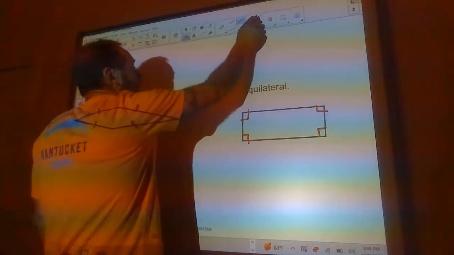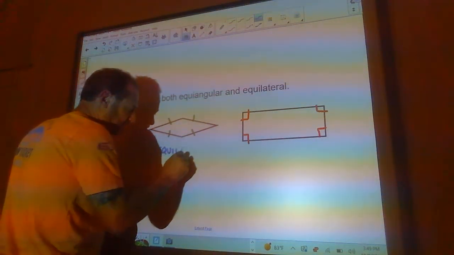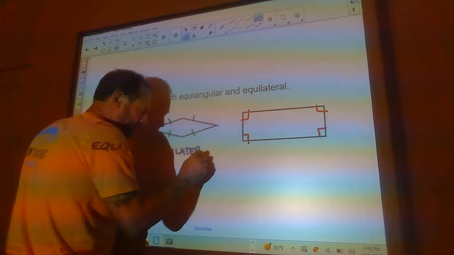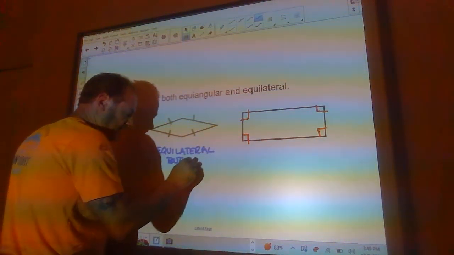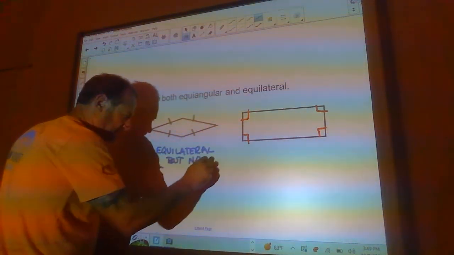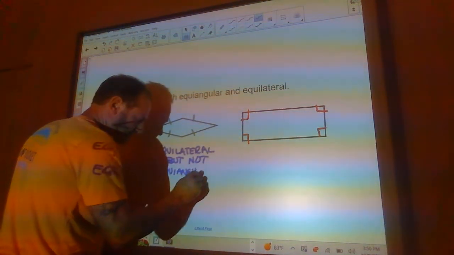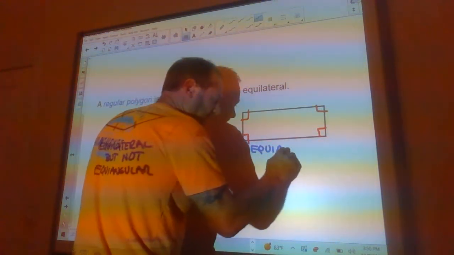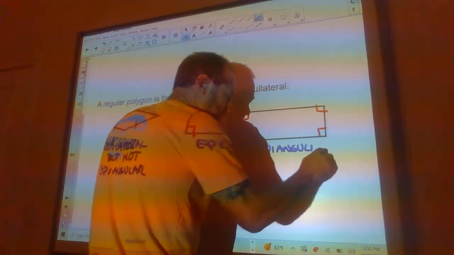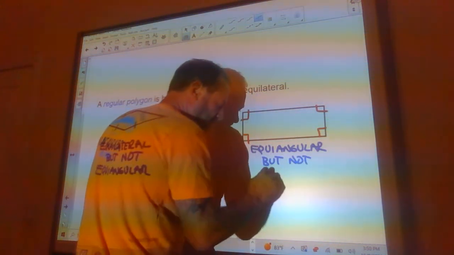So we would say this is equilateral but not equiangular. This is equiangular but not equilateral.